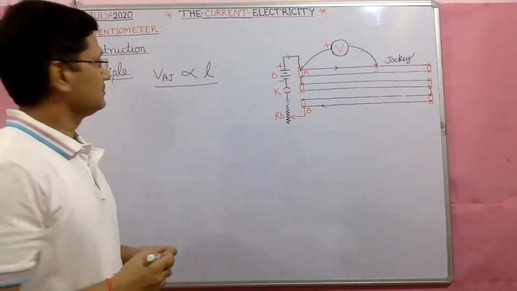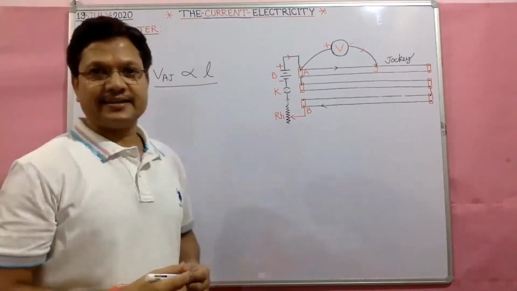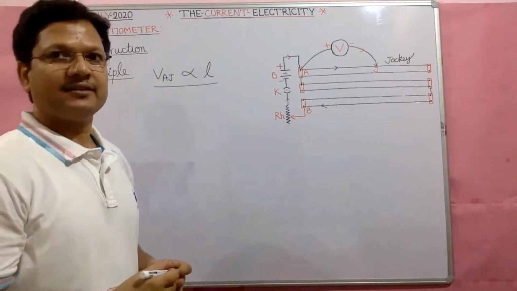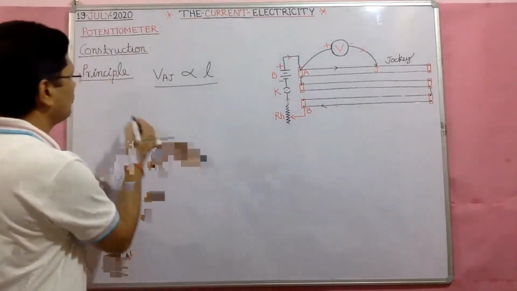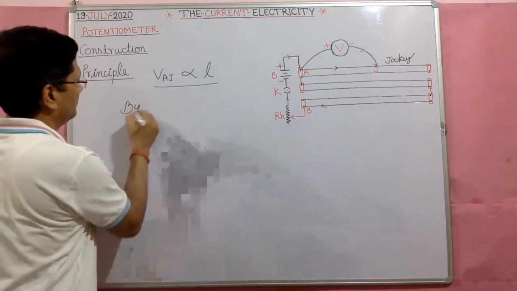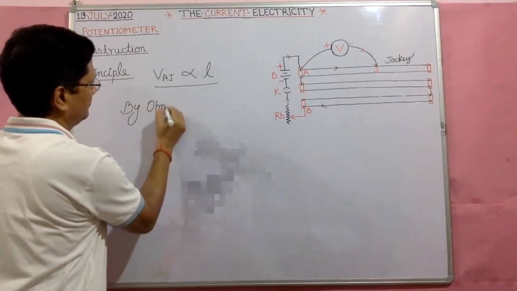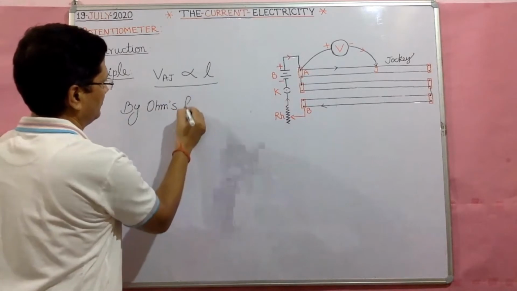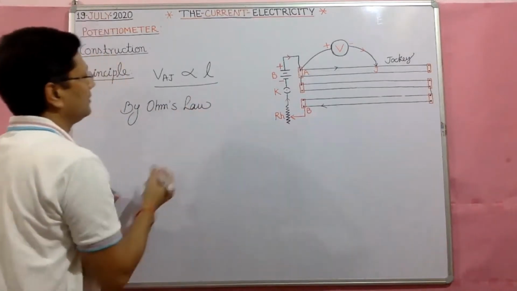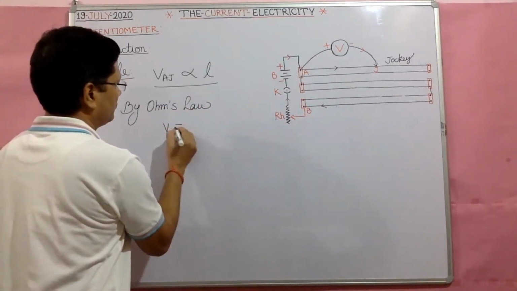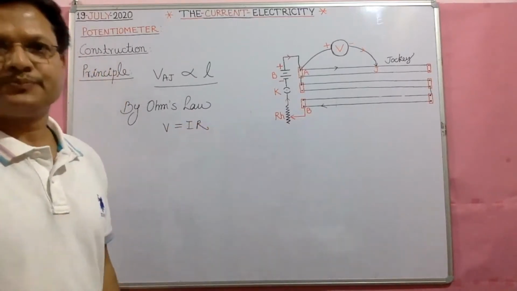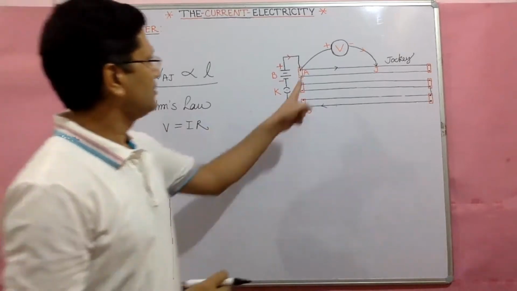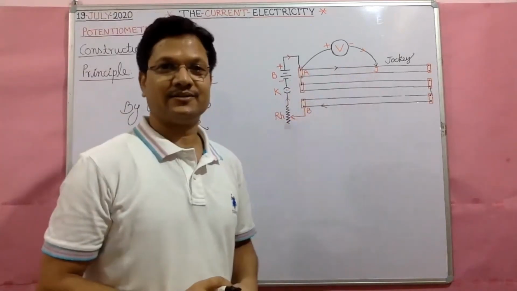Now, suppose the current in the circuit is I and the resistance of the wire is R. Then by Ohm's law, V is equal to IR. We are just talking about this length, AJ.